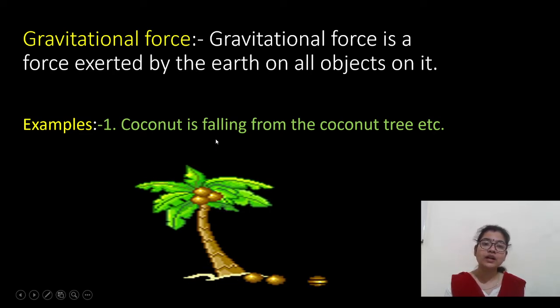Why is it not going upward? Because the earth has gravitational force, and due to that gravitational force, the earth is pulling the coconut toward itself. Earth's gravitational force not only attracts the coconut, it attracts all the objects which are on this earth.